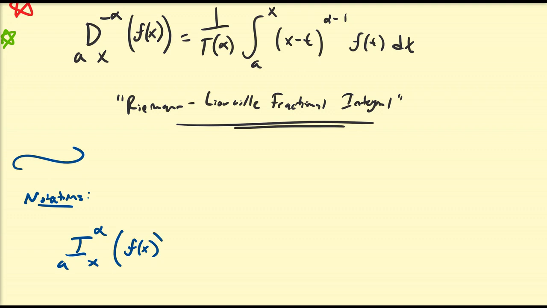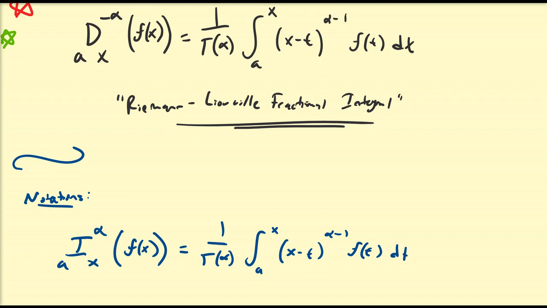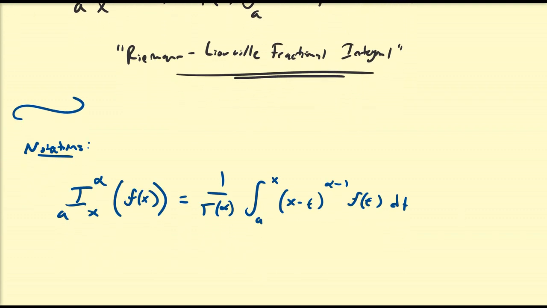So this definition is equal to 1 over gamma alpha times the integral from a to x of (x minus t) to the alpha minus 1 f of t dt. This is going to be valid for any x value greater than a. So if you want to find the fractional integral of this function at, say, x is equal to 5, a has to be less than that, say 0 or something.